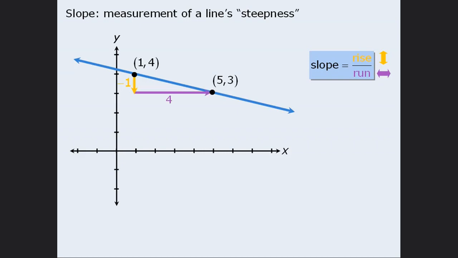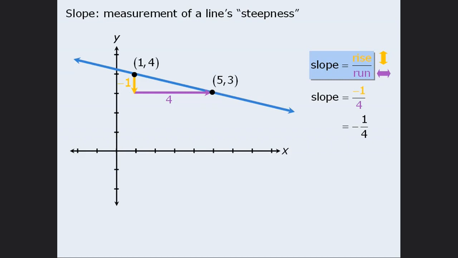Next, we must run 4 units horizontally in the positive direction. So here, our rise is -1 and our run is 4. This means the slope of the line will be -1 over 4, which is the same as -1/4.